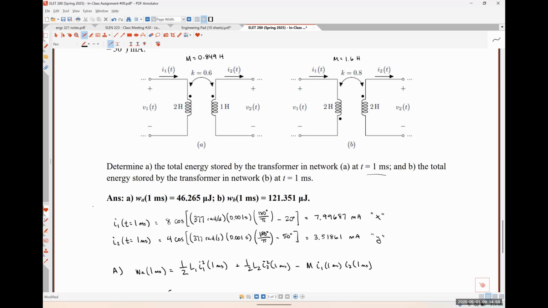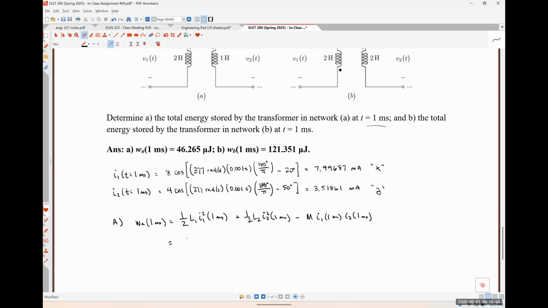I got an answer that's close but slightly off. I'm going to write it down and then double check. 41.833, and that would have been in microjoules.